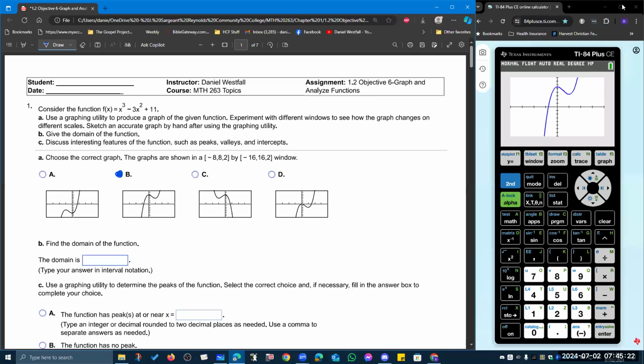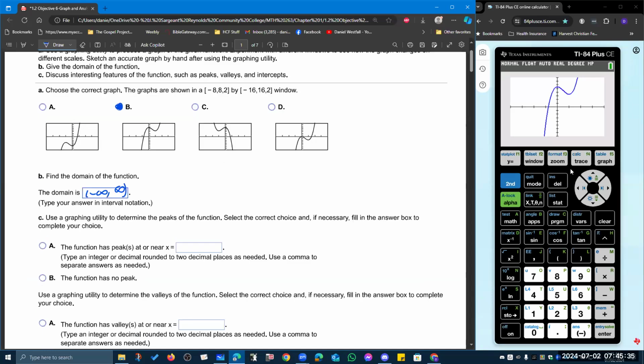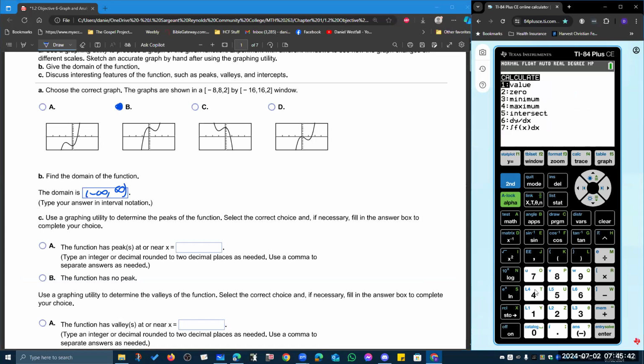Find the domain of the function. It's a polynomial, so it's going to go from -infinity to infinity. Let's determine the peaks of the function. So second calc here, maximum.